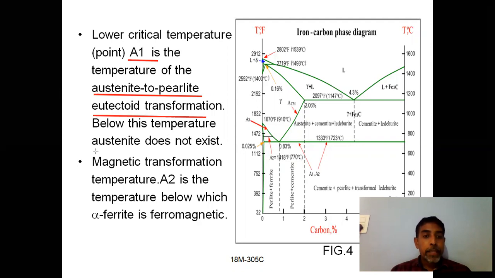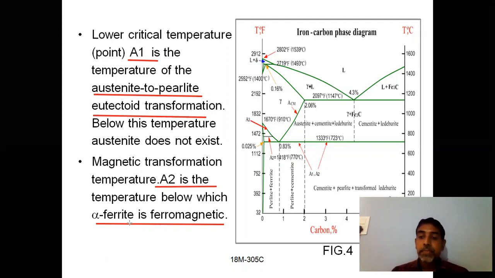Okay. And if you see this A2, magnetic transformation temperature. A2 is the temperature below which alpha ferrite is ferromagnetic. That means below this point, your alpha ferrite is ferromagnetic in nature.